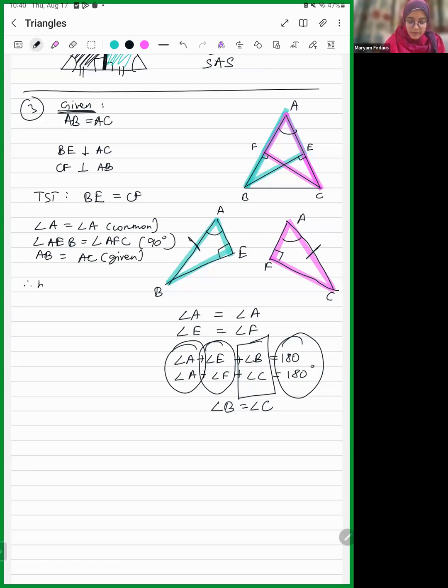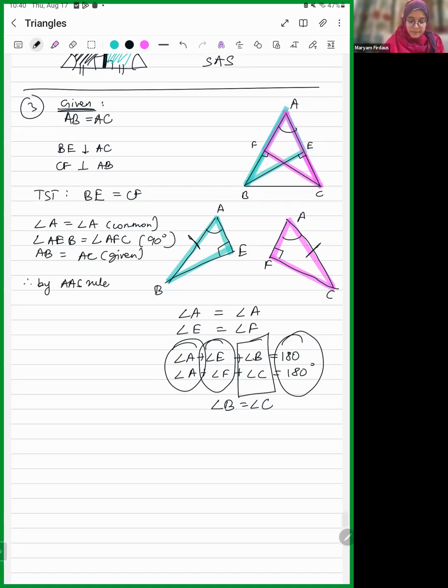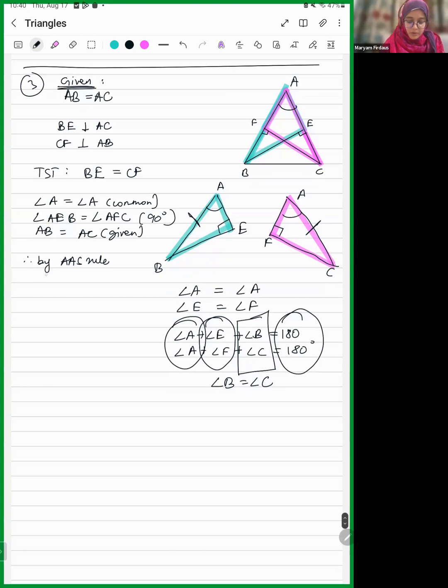Therefore, by the AAS rule, both these triangles are congruent. So triangle ABE is congruent to triangle AFC. Therefore, BE equals CF. Hence proved.